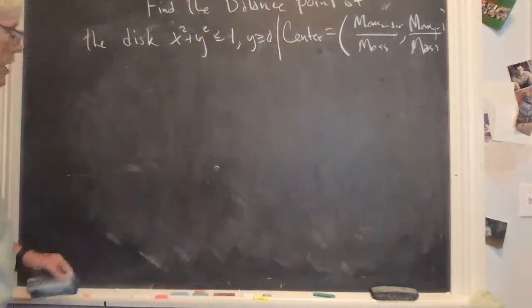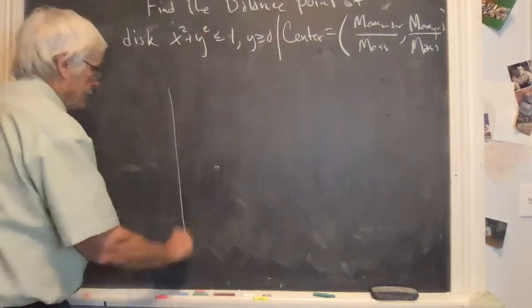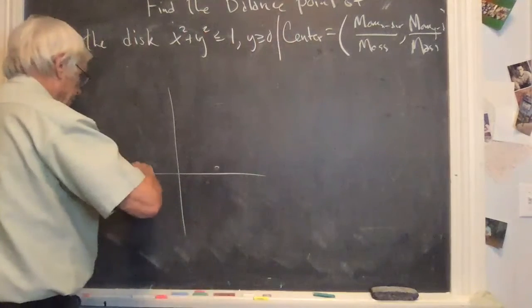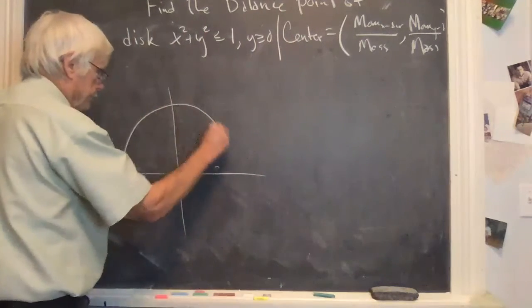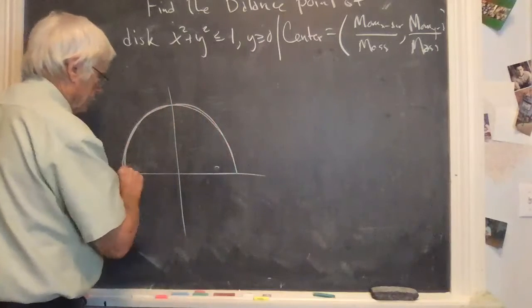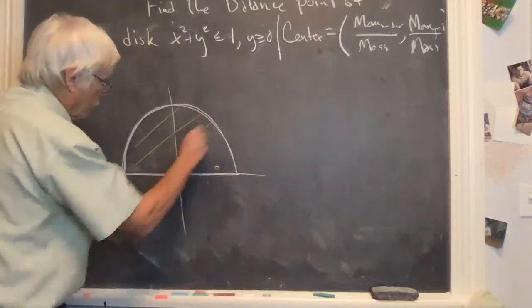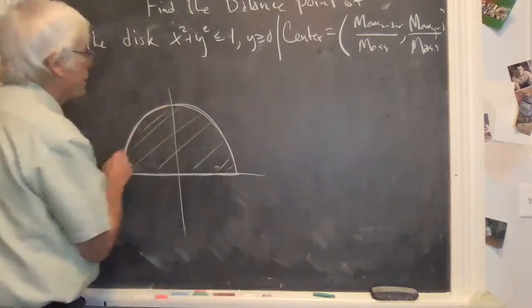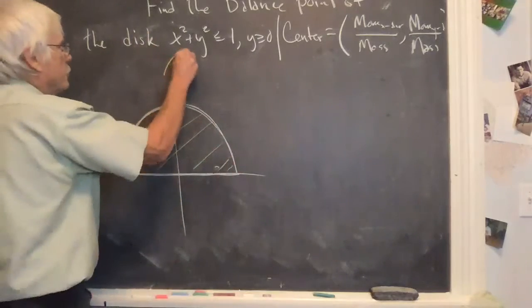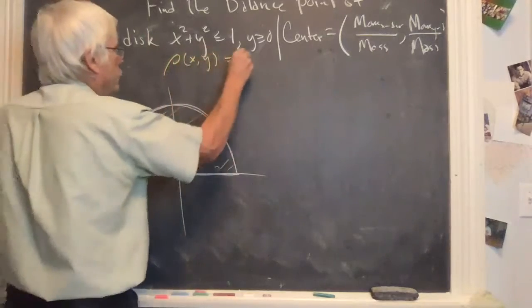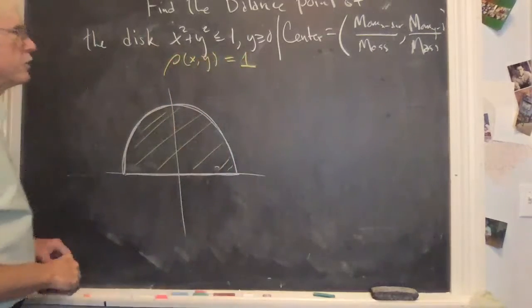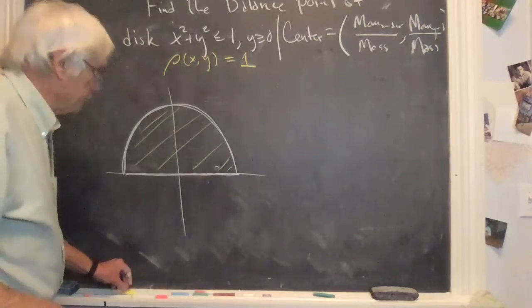So we want to find the balance point of that. And so we're looking at this region, and let's just find the geometric center here. So I'll set rho equal to 1.